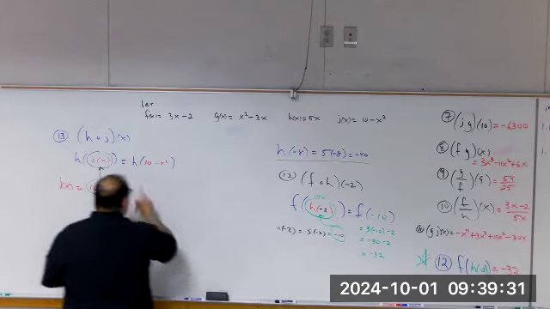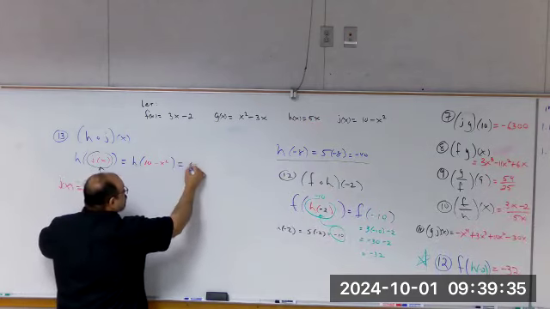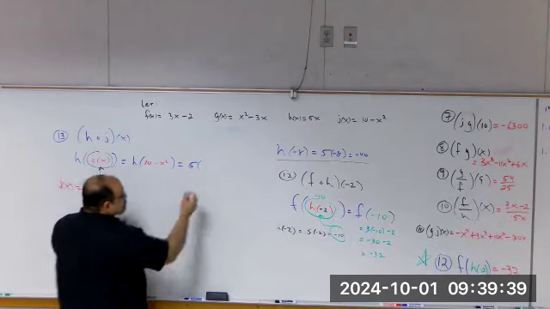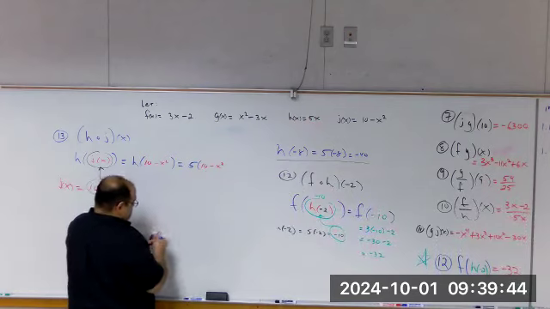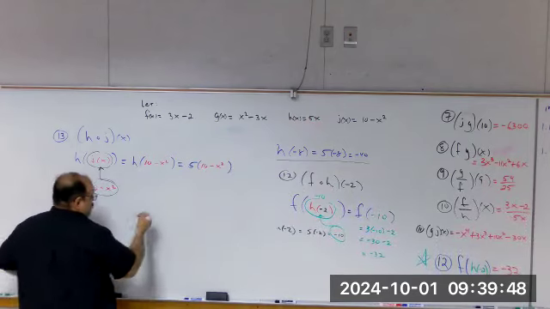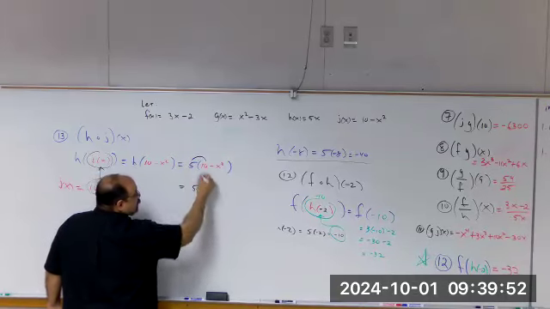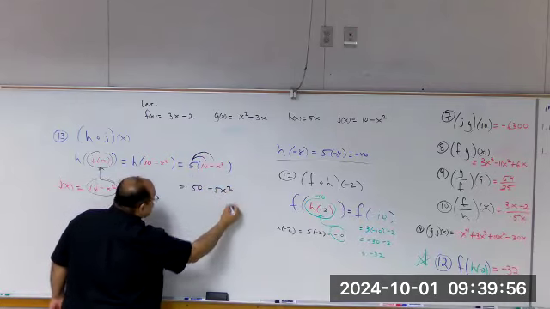So I'm plugging this into H, and what comes out is equal to 5 times 10 minus x squared. So that equals, distribute, 5 times positive 10 is 50, and 5 times negative x squared is negative 5x squared.